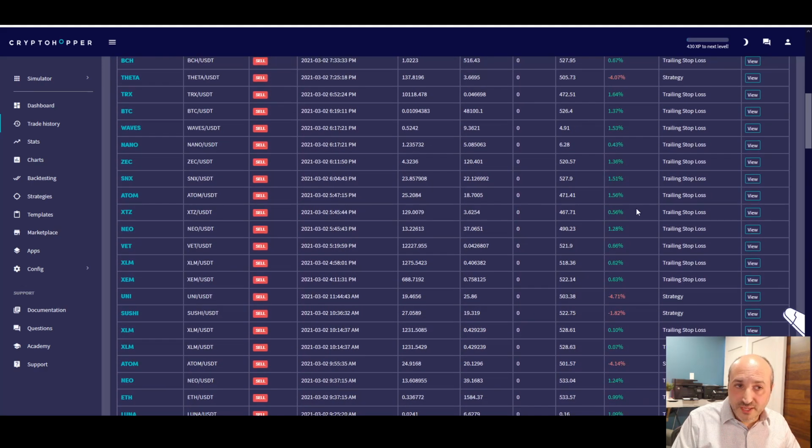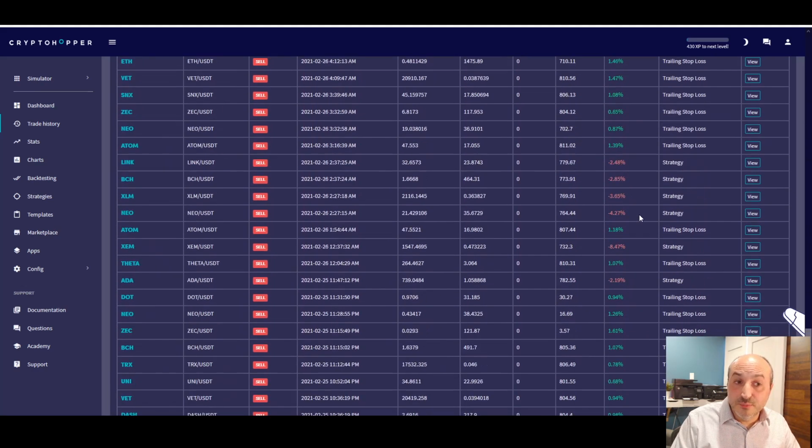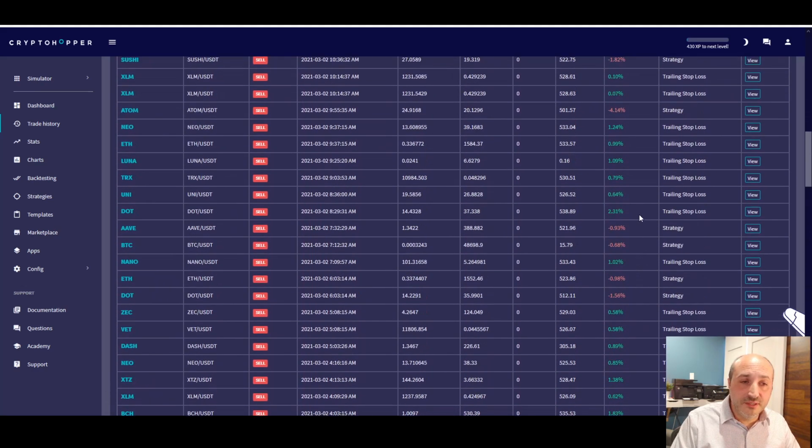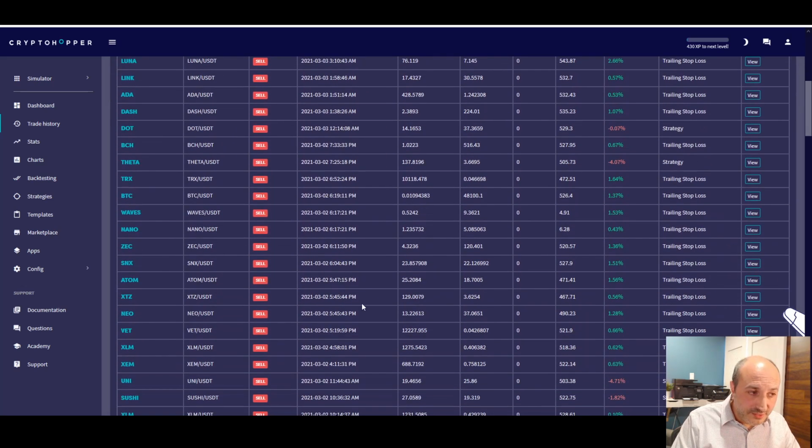I have a few reds, but most of them are green. So this strategy is working pretty good using this kind of setup. There is a lot of trades. They're smaller, but you're going to have more profit. So by the end of the week or by the end of the month, your overall will probably be higher.